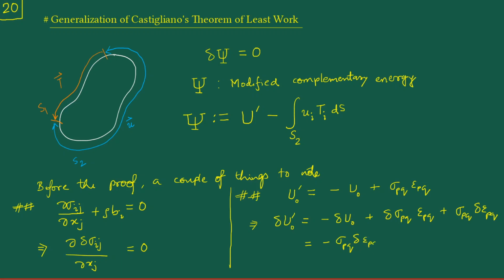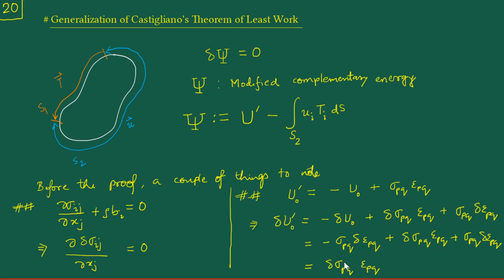So you can refer to the previous notes to note this expression. As you can see, this first term is going to cancel with this third term. So ultimately, what we have for the first variation of the complementary energy density is just this delta sigma pq epsilon pq. Okay, we could have written all of this in terms of ij, but doesn't make any difference.